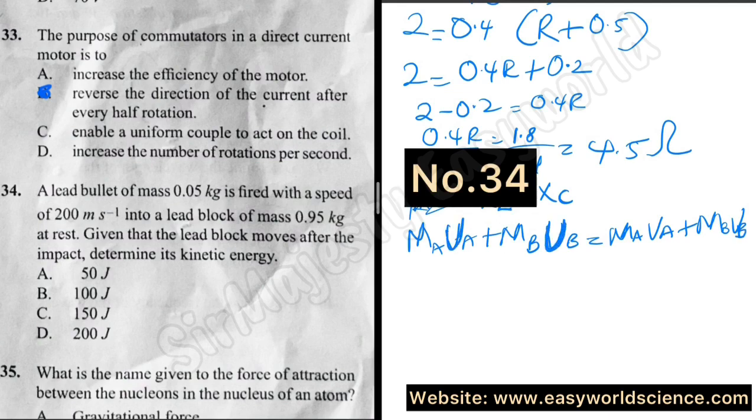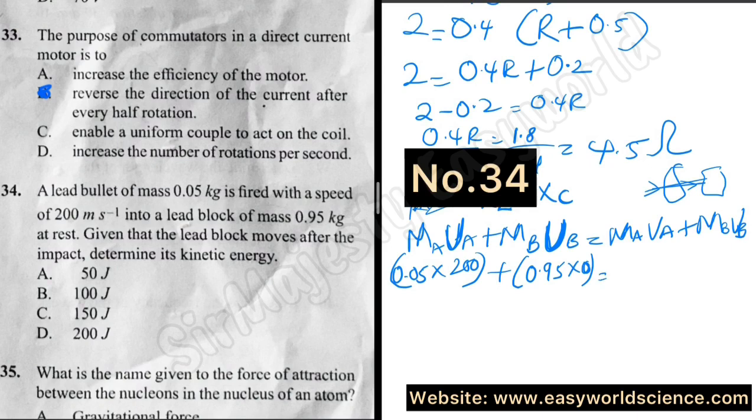So our U here, the mass of our bullet is 0.05 kg, and the velocity traveled at 200 meters per second, plus the mass of our lead block is 0.95 kilogram. Obviously it was stationary, so it doesn't have any initial velocity. It was just stationary before the bullet actually made an impact to move the block.